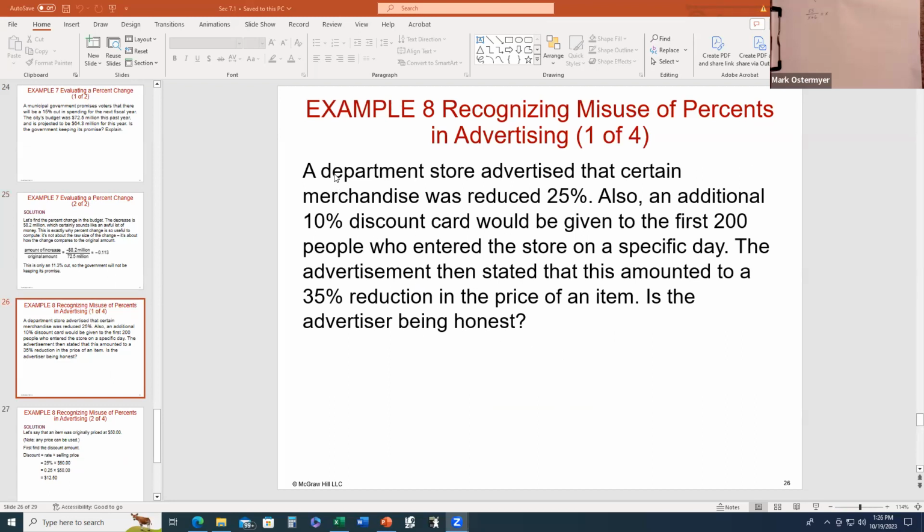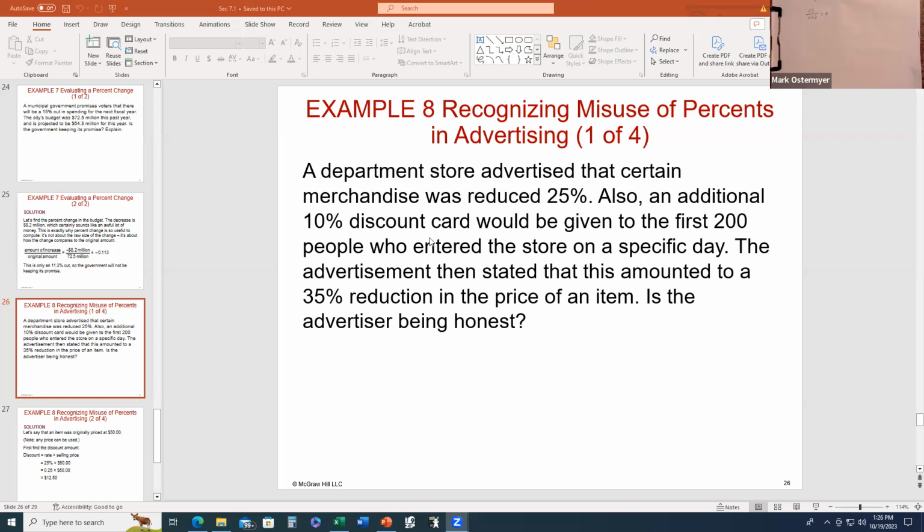Now, you got to be careful with percents involving multiple steps of a word problem or multiple deductions, if you will. It can be misleading. Here's a classic example to illustrate the deception that retailers could subject you to. A department store advertised that certain merchandise was reduced 25%.